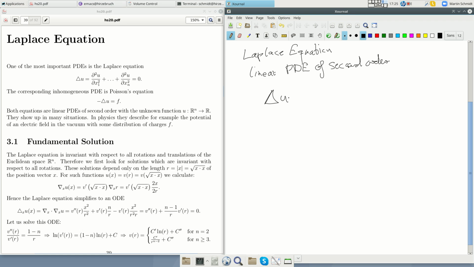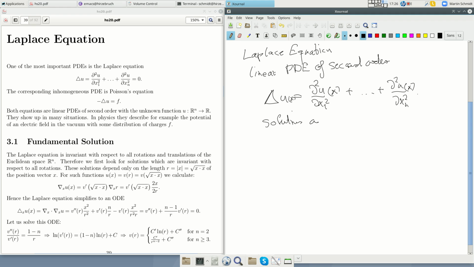We abbreviate the Laplace operator by a delta, and it's the sum over the second derivatives. Okay, so this is the Laplace equation.